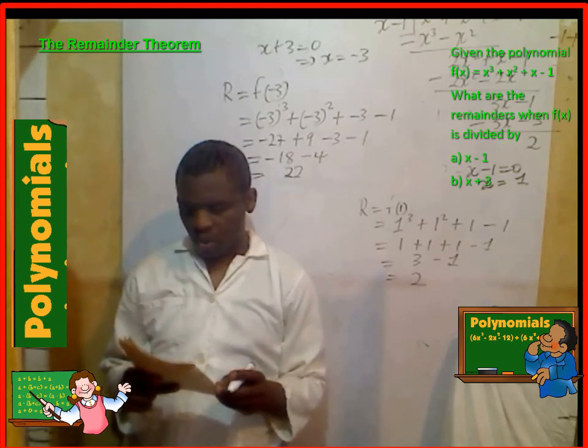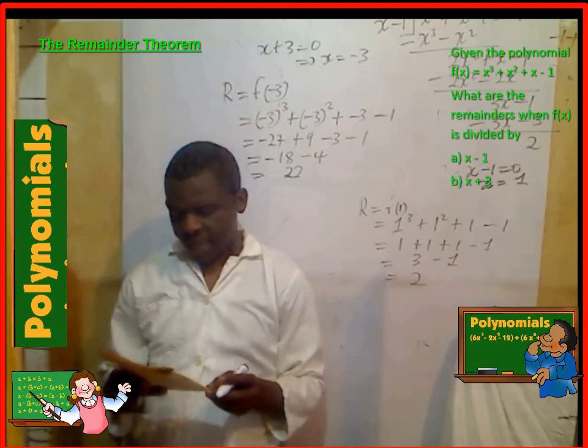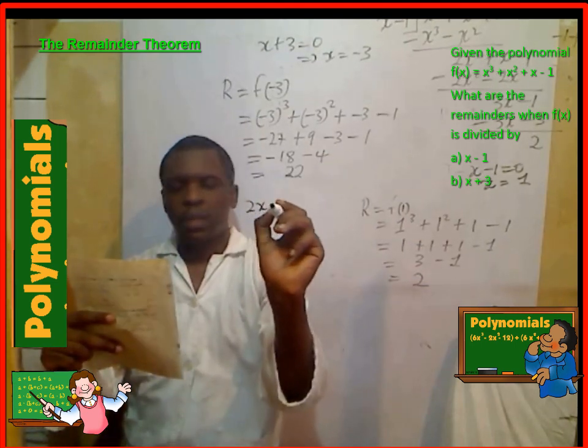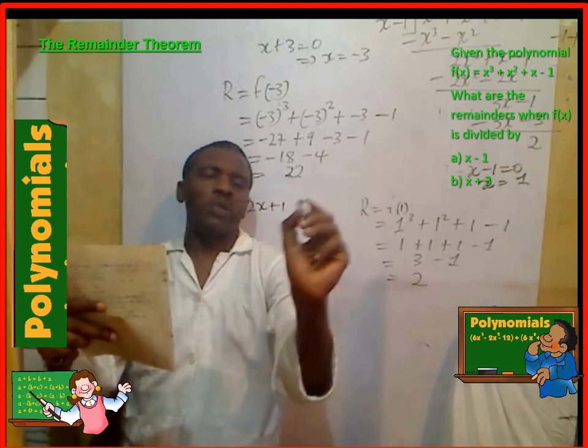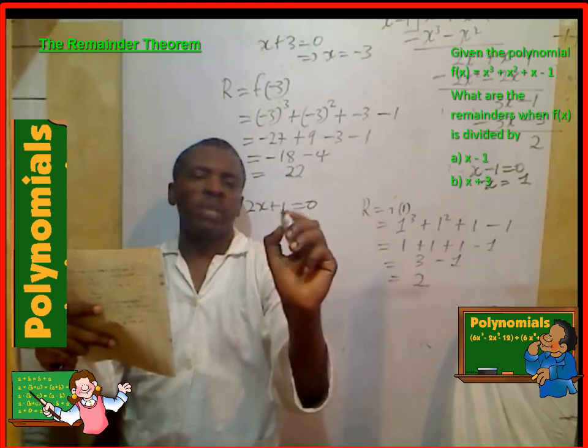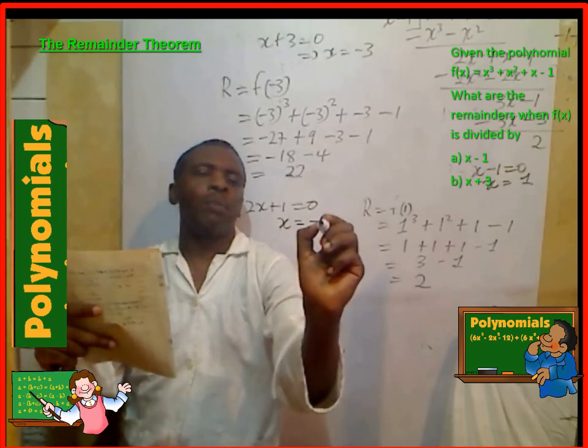Now, when the polynomial is divided by 2x plus 1, we set 2x plus 1 equal to 0 and make x the subject: x will be equal to minus half.